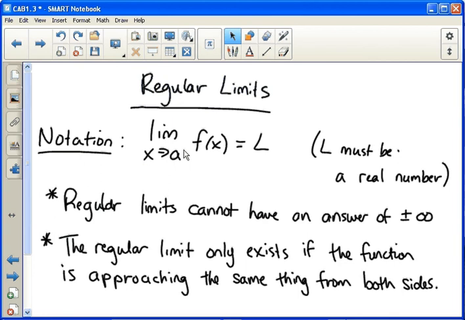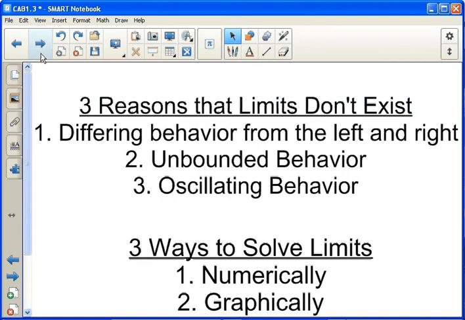So there are 3 reasons that limits don't exist, and we've actually kind of touched on all of them already, but just to lay them out for you, these are things you should have memorized. Number 1, differing behavior from the left and the right. That just means it approaches one thing from the left and something different from the right. 2 is unbounded behavior. That, again, just goes back to the infinity issue.